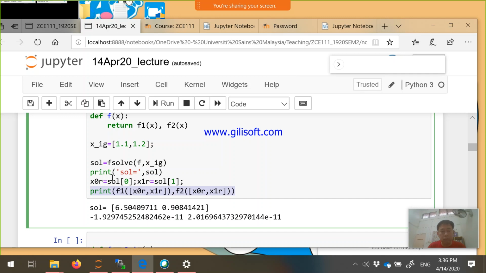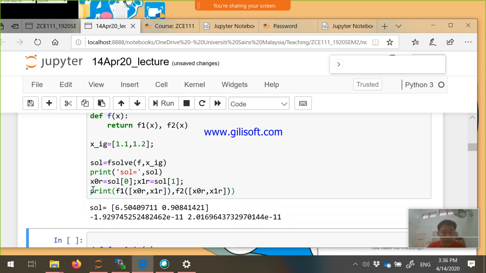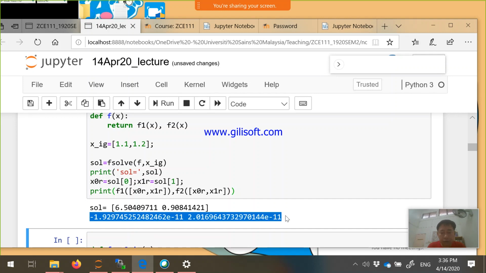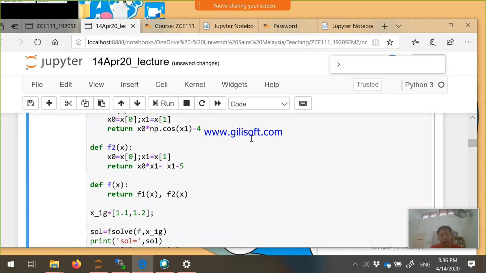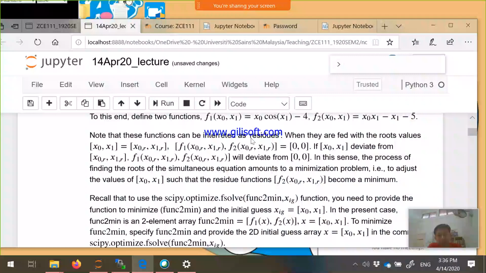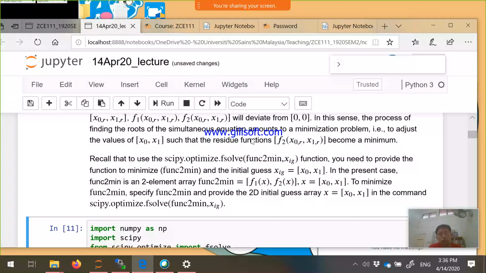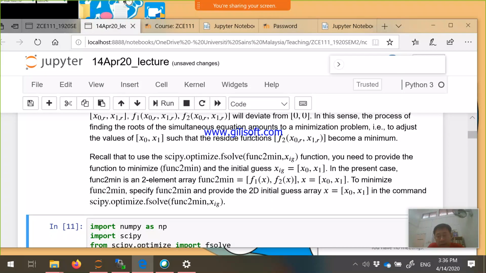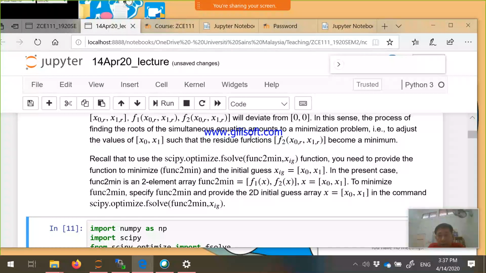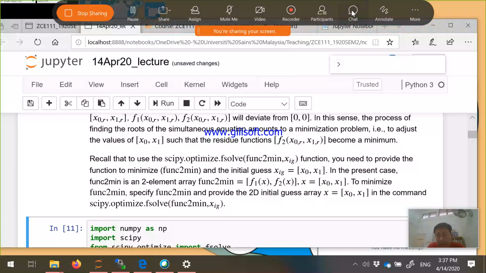My purpose is to make sure that when these two functions are evaluated at their solution, you indeed get a values which is close to 0. So this is an example of using fsolve to solve a set of simultaneous equations. Okay.